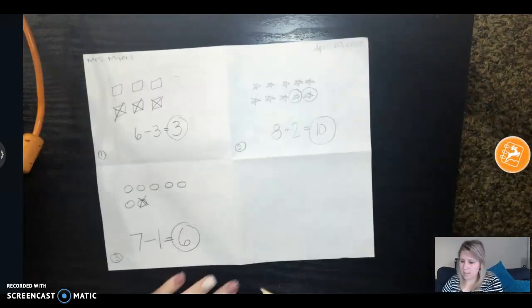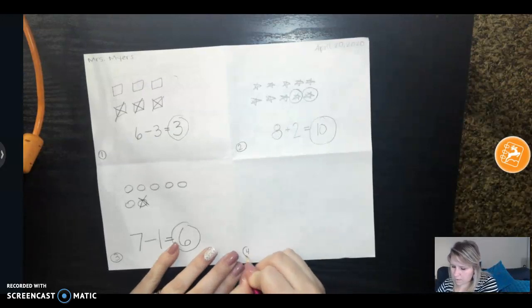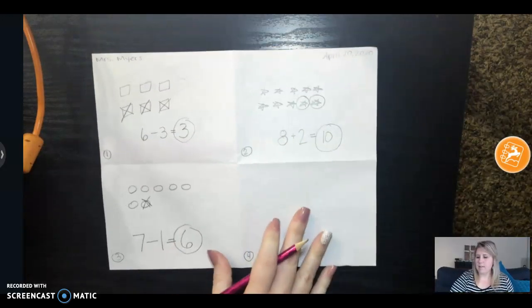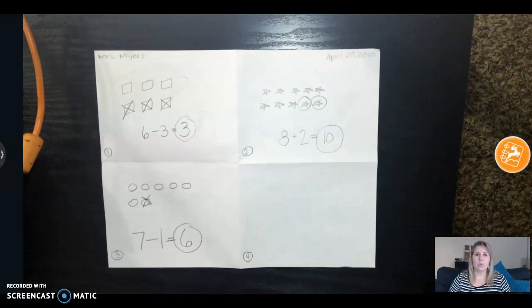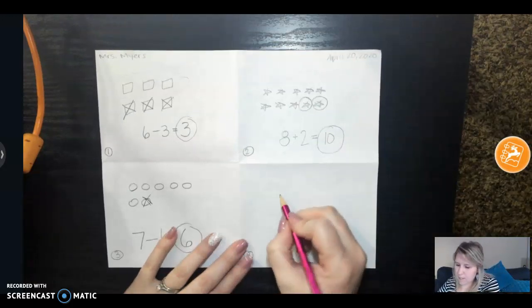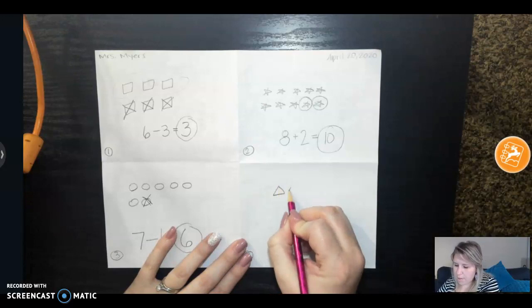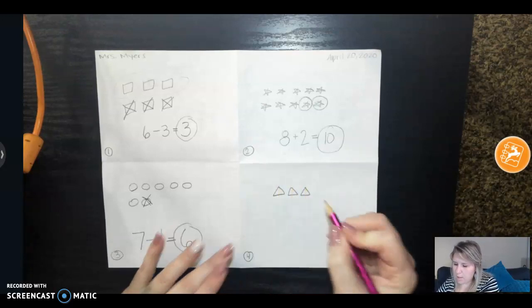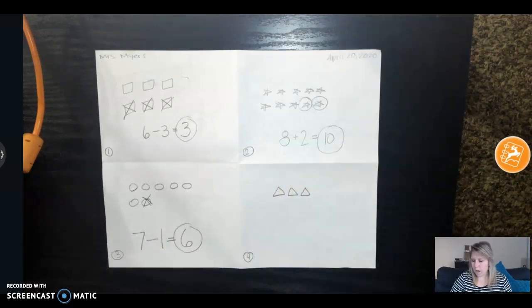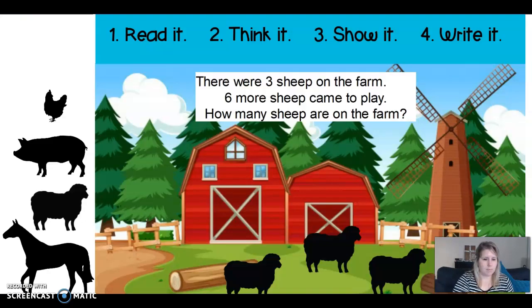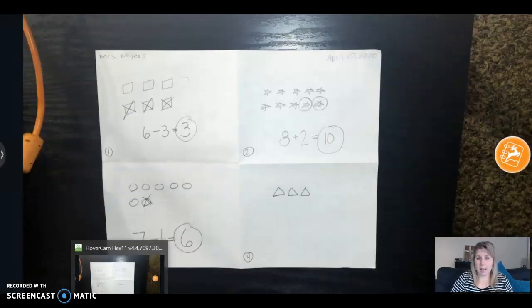So this is our last one, number 4. And for this one, I'm going to use triangles. So we had 3. 3 sheep were on the farm, and then 6 of them came to play. So remember, when we join things, we're going to put a circle around it.